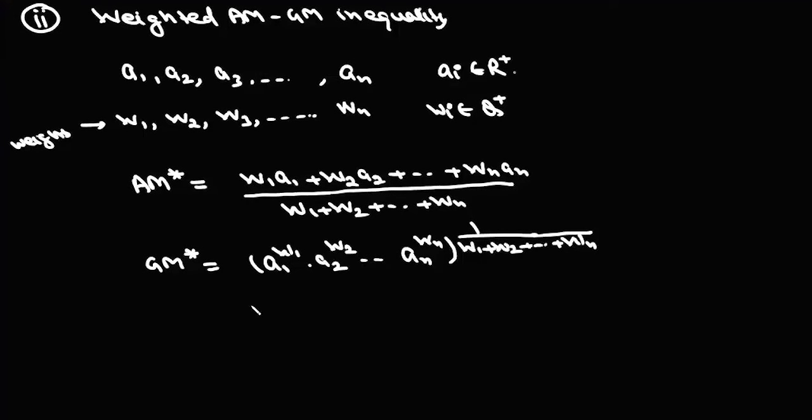Now let us take an example. Say for example we have three positive real numbers a, b and c. So these a, b and c, they are positive real numbers, and let us consider their weights as 1, 2 and 3.